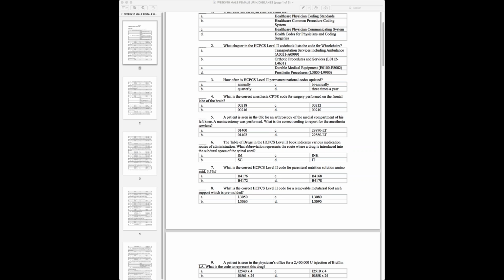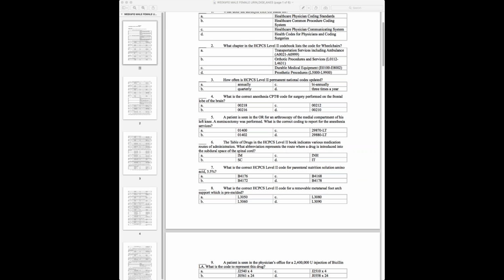A as in apple for number 17. Hemicolectomy means it's a partial colectomy. Anytime you see that term, you're like, okay, I'm going to colectomy and I'm looking for partial. It doesn't give any additional information, so that's what you code, and your answer would be 44140.